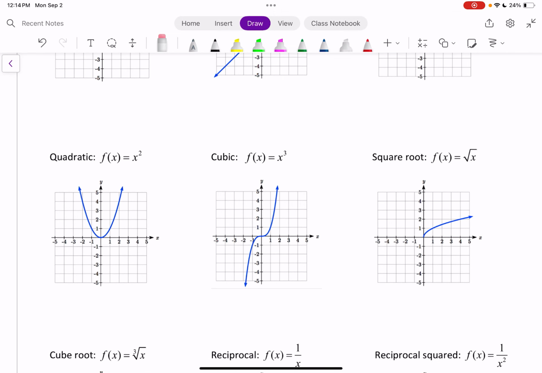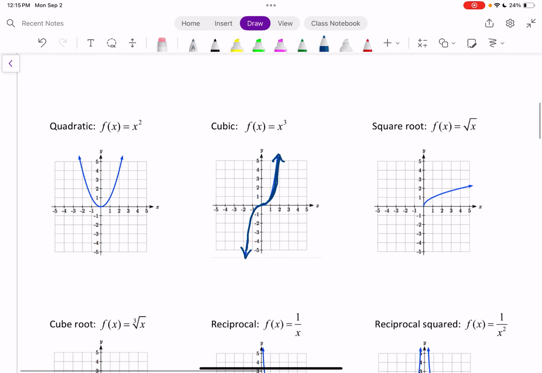Quadratic functions, their shape is a parabola. Cubic functions, their shape is almost like a broken parabola, but this part goes down instead of staying on the same side. So anything that's a third power, 5x cubed minus 3x, something like that, will look like this shape.